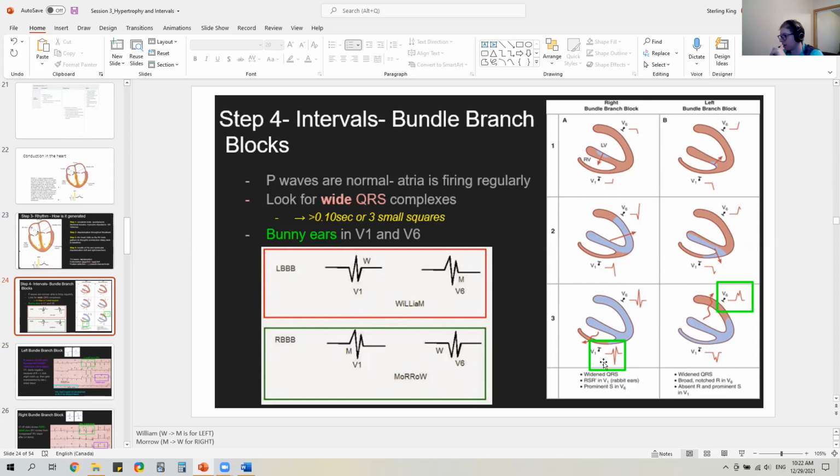So what you're looking for is rabbit ears in V1, right bundle branch block, or mountain peaks in V6, left bundle branch block. And you're also looking for a wide QRS complex. So when you're going through your rate axis rhythm intervals, when you see a wide QRS, your ears should perk up to then look for bunny ears or mountain peaks in the lead V1 or V6.